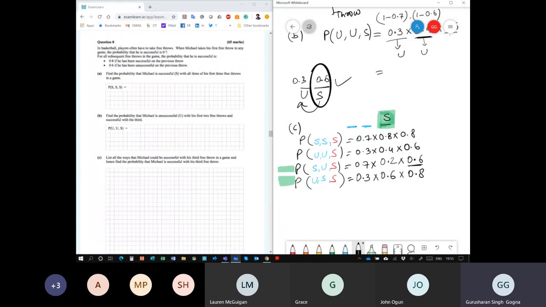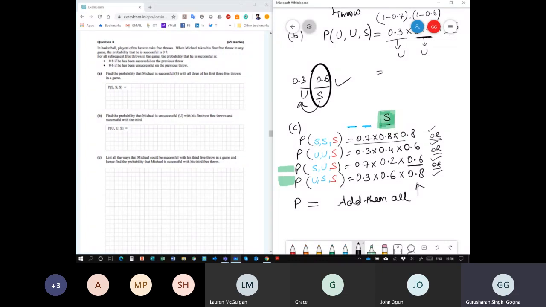Now we want total probability. What you're writing here are the possibilities. This is one possibility and I'm using the word or. This is the second possibility, or. Third possibility, or. Fourth possibility. So what word am I using here? Or. So at the end, you need to find the total probability and you need to add them all, because it's or.